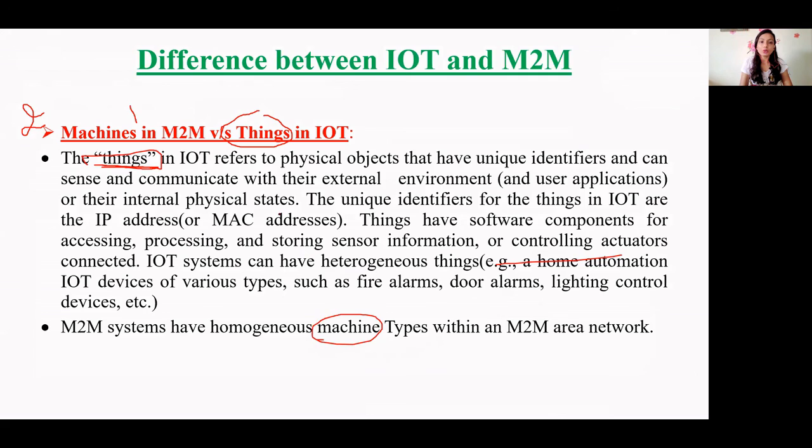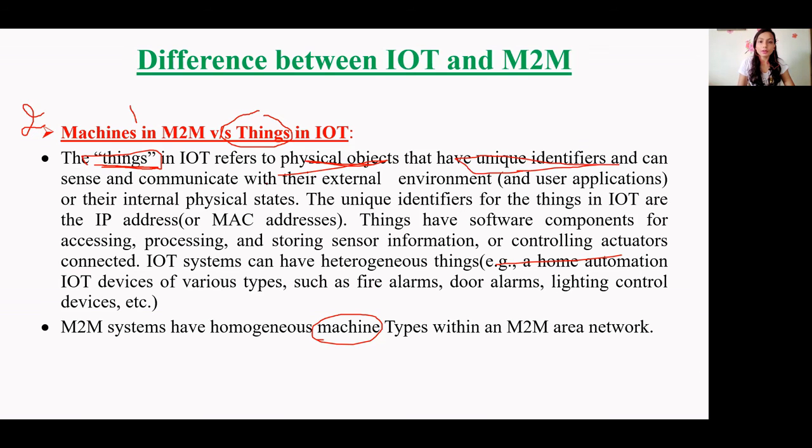And if it is IoT, since they are physical objects, there will be the same type or different type. Are your things the same type or different type? Can anyone tell how it will be? Yes, unique. It will have a unique identifier, but they will not be the same type.